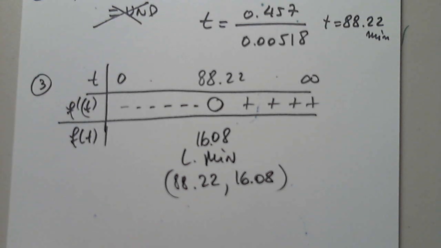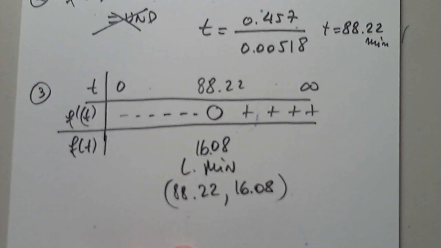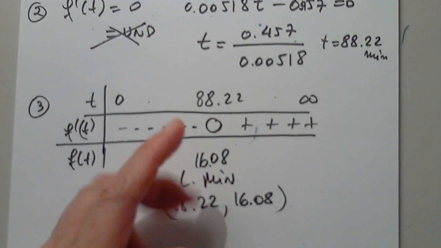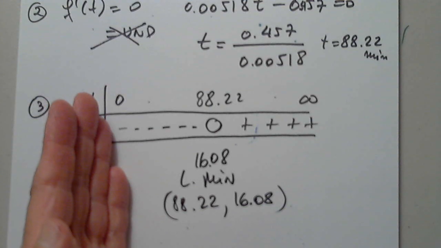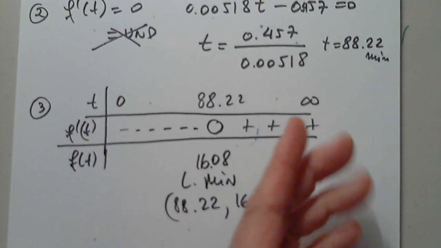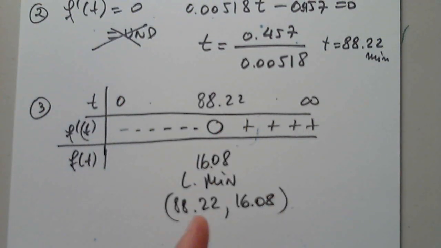They were telling us from the very beginning, find the closest. So this is it. No deviation from this. If you go to the left, it's not going to be the minimum. If you go to the right of 88.22, it's not going to be the minimum. This is the minimum. Okay.